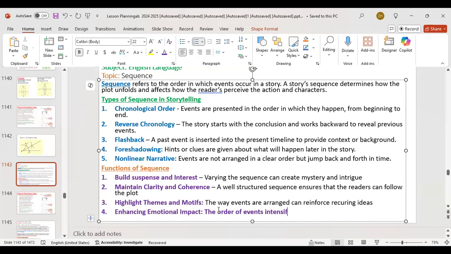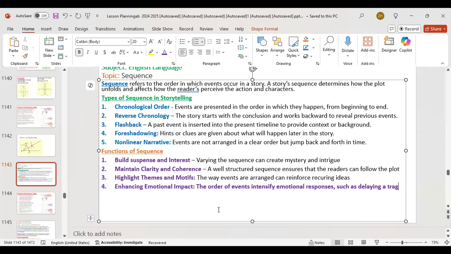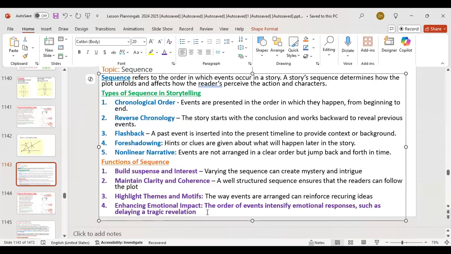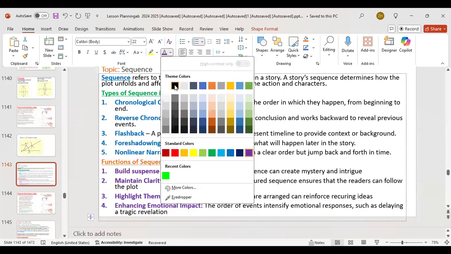Intensify emotional responses, such as delaying a tragic revelation.